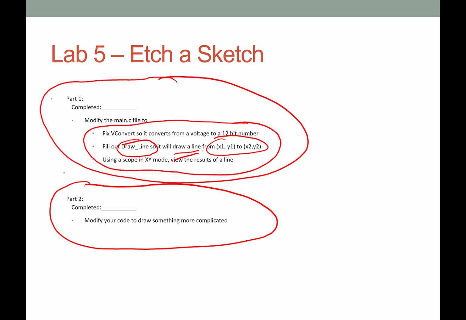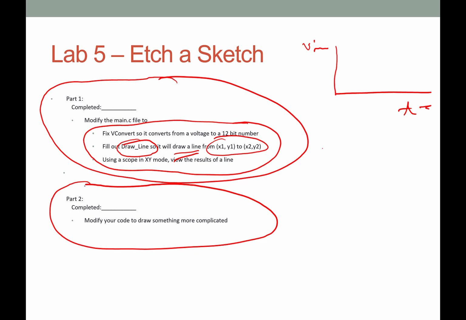Now, what is the XY mode of the oscilloscope? Most of the time in circuits you will have something going as a function of time, and you'll have this input voltage. But if you put two voltages on there and then you do one versus the other, that's the XY mode.